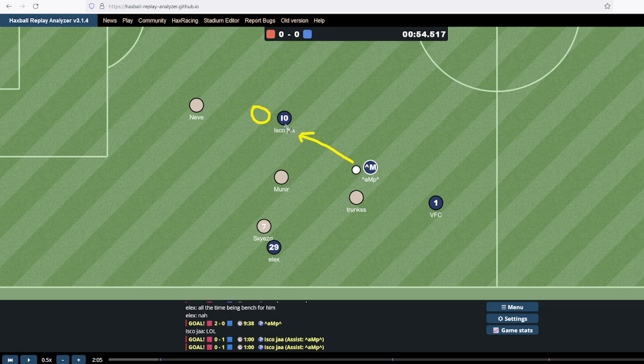He has to play with the direction of his body facing backwards. So this is a pretty safe spot for you.